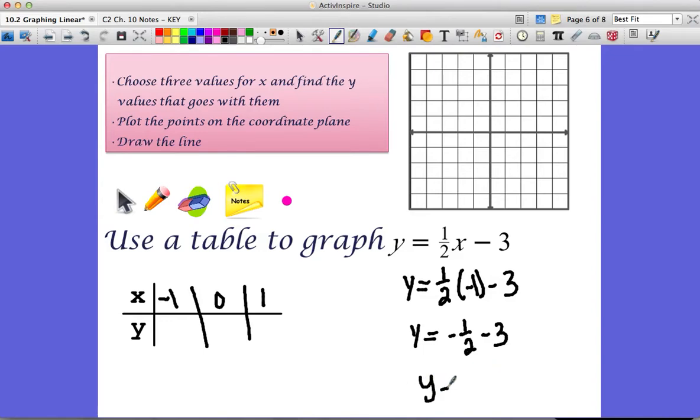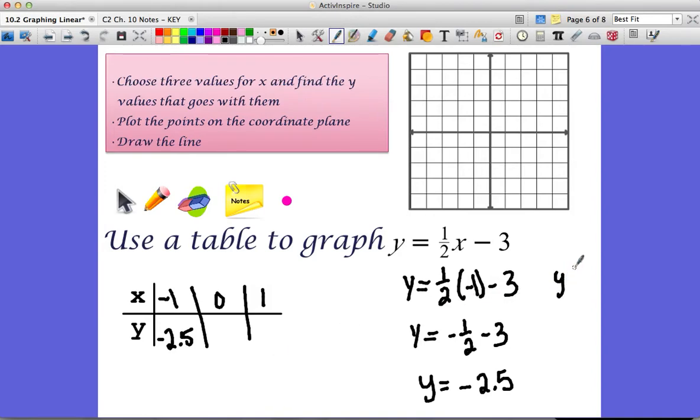So my y is going to be equal to -2.5. So I put that in for my y. And it's easier first just to find all of your outputs and then to graph.